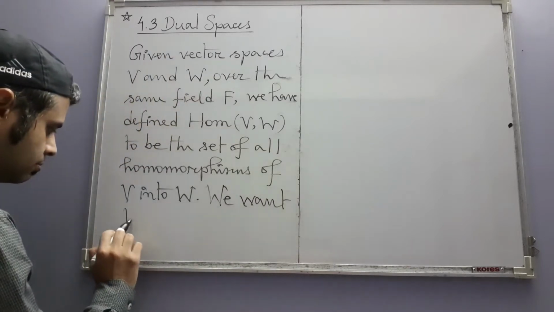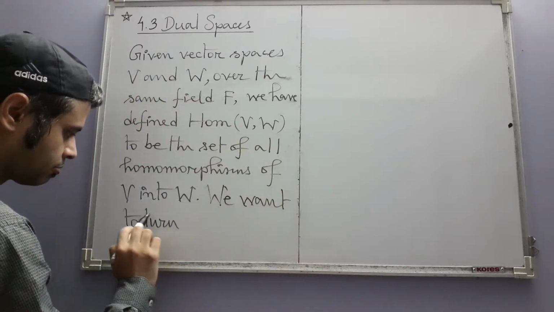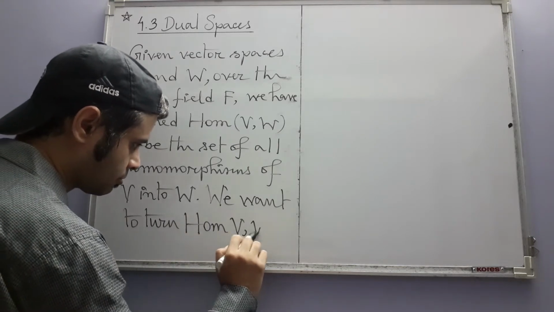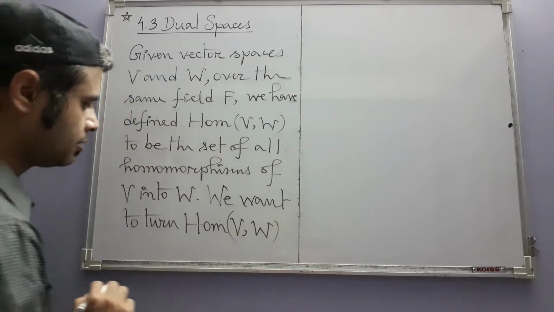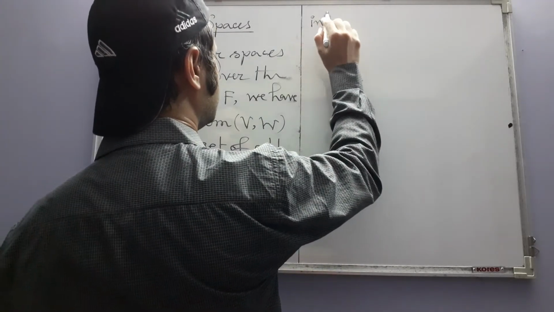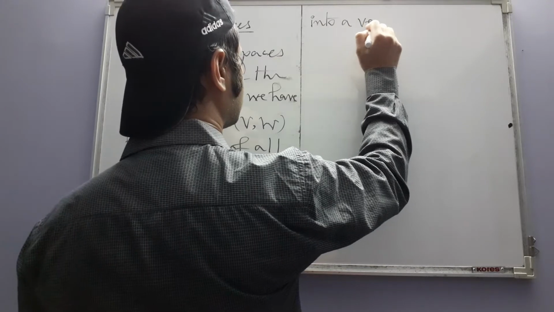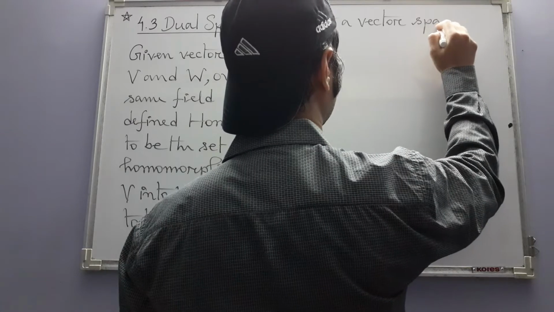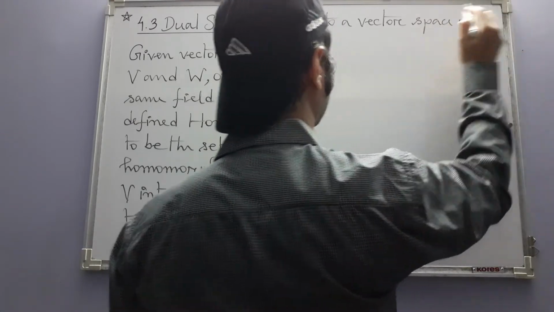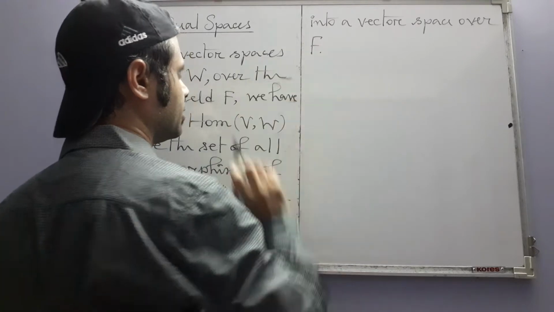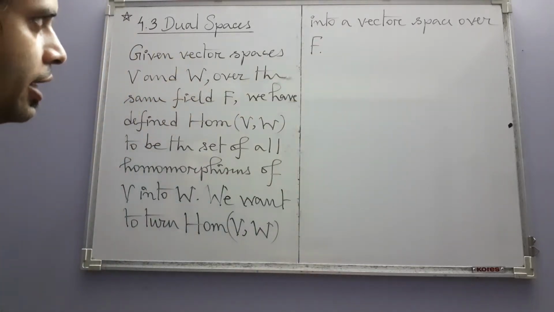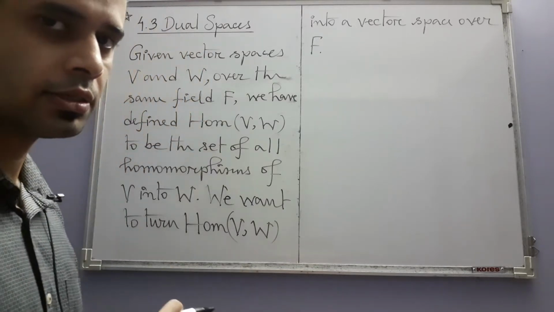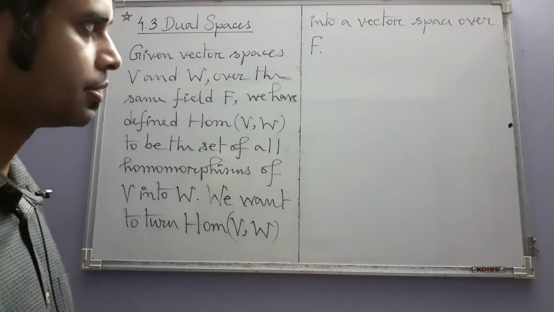We want to turn this set into a vector space over F. Okay, so that means first of all we will define addition and show that the set is a group with respect to that addition.